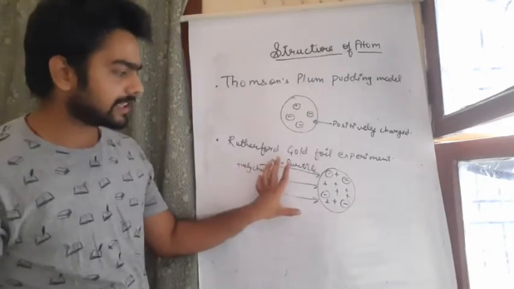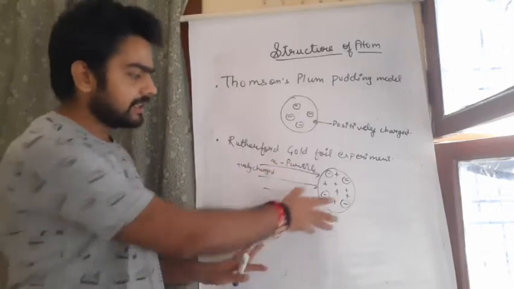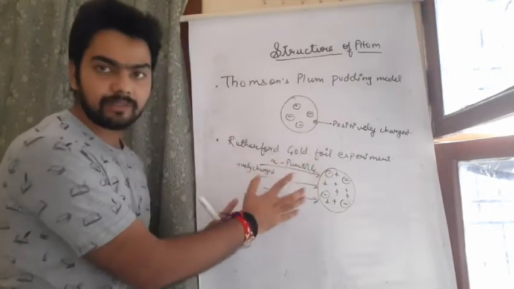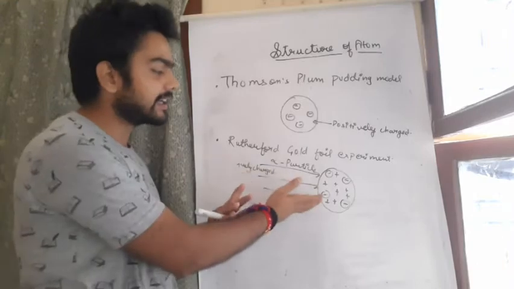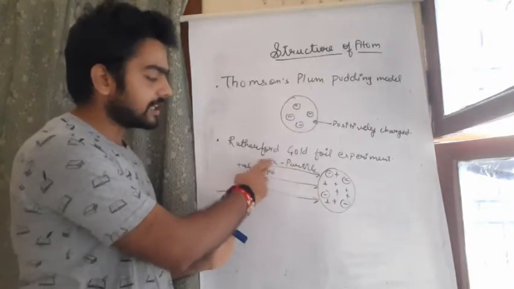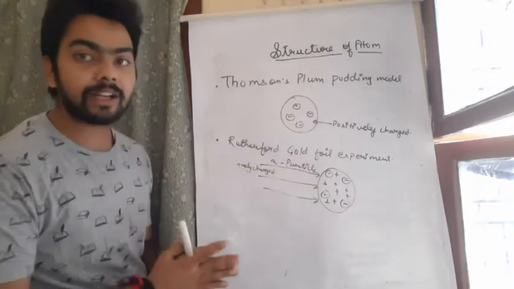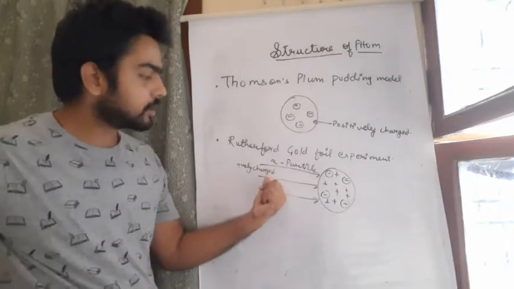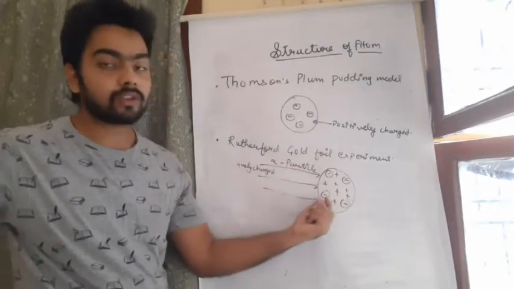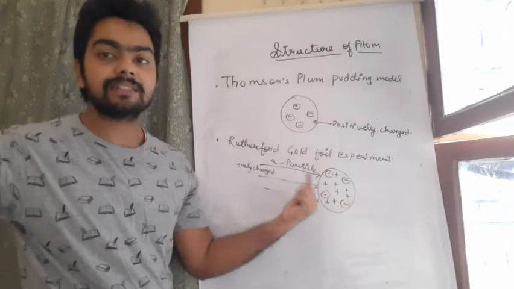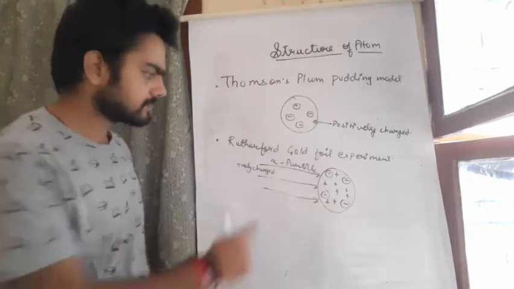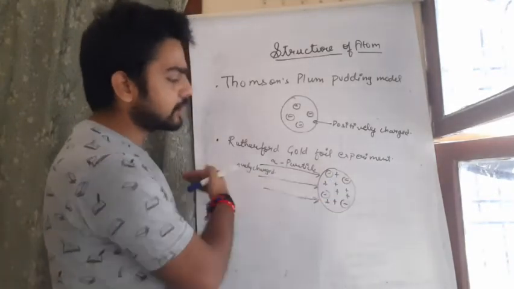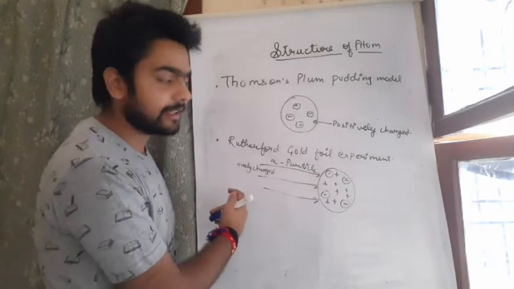And he expected that since most of the part is positively charged and very little part is negative charge, most of the alpha particles should repel at 180 degrees, because this is also positive charge and similar charges repel each other. So most of them should bounce back at 180 degrees.